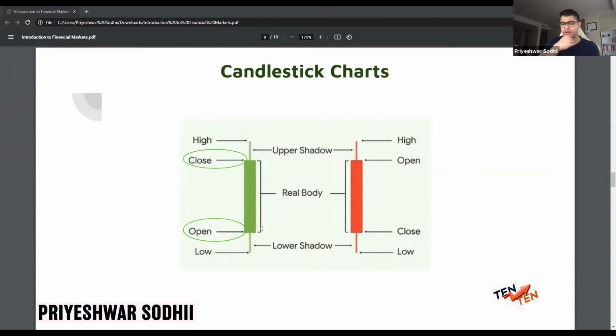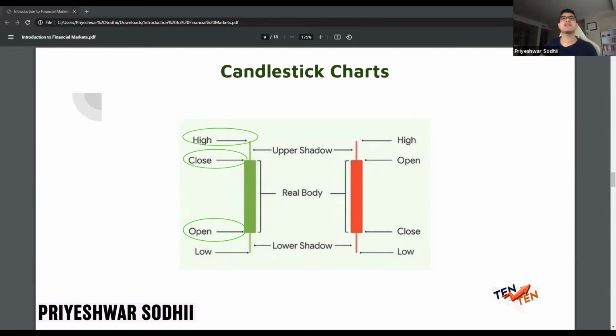Now, why do we love candlesticks? The candlesticks represent the entire move of the price. So let's say in that 5 minutes, the price went from $1 to $8, but closed at $5. So guess what? This will show me by representing this over here.